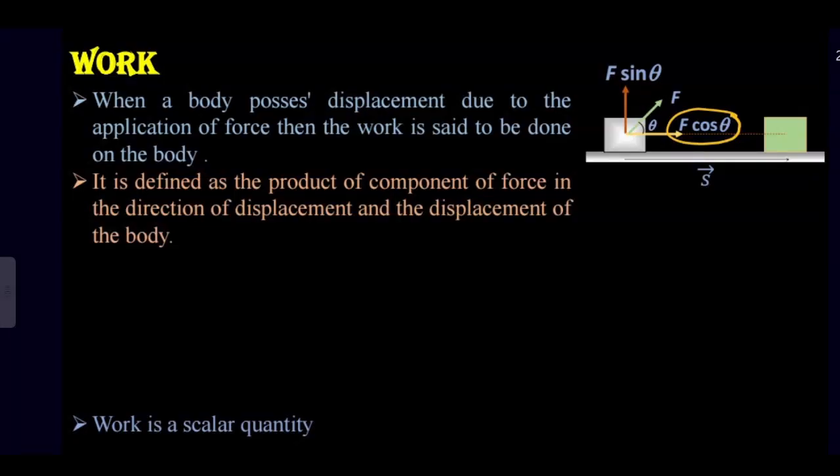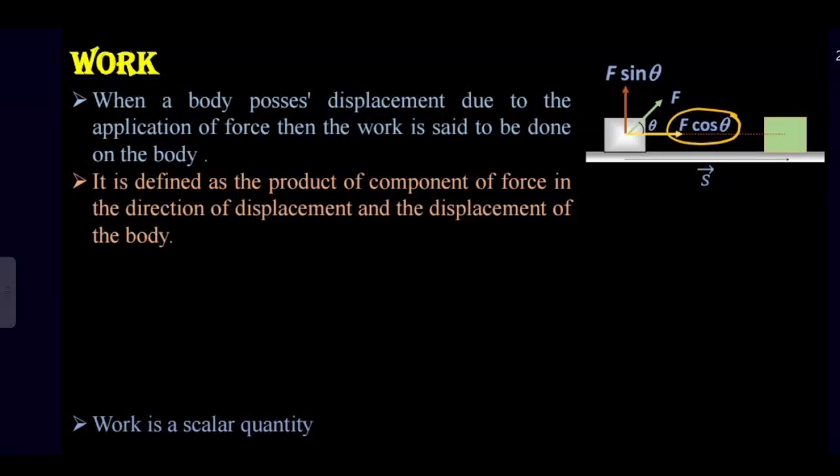But in physics, the definition of work is completely different. If there is a displacement, then only work is there. If there is no displacement, you are seated and doing something, even though you are doing some work, that should not be considered as work in the physics sense.